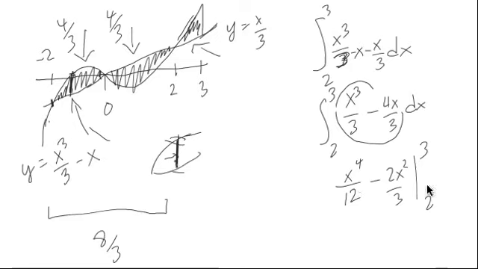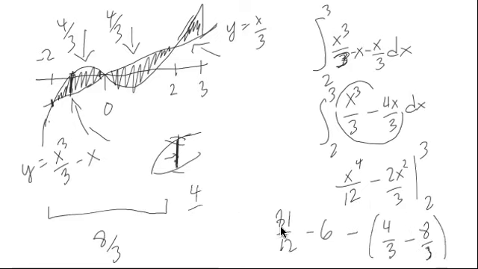We're just plugging in a 3 and a 2. We plug in a 3 here, we get 81/12 minus 6. 3 squared over 3 is 3, so 6 minus, and then we plug in a 2. Here that's 4/3 because 16/12 minus 8/3 right here.